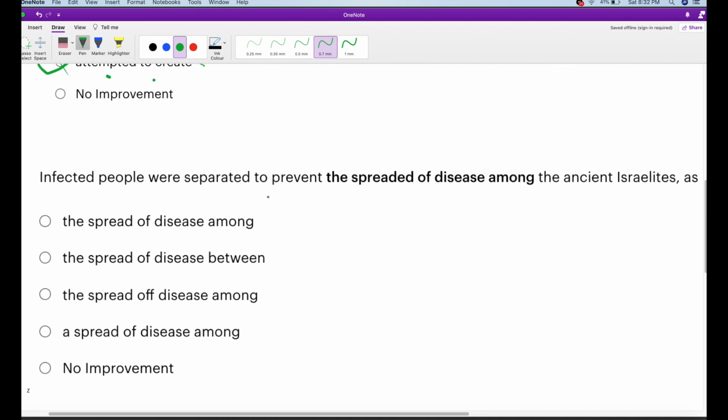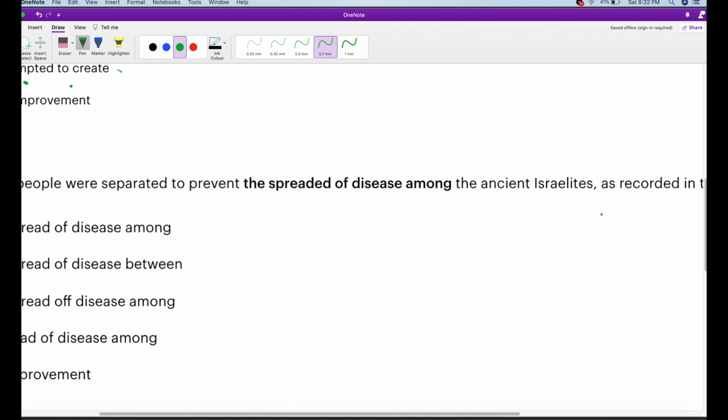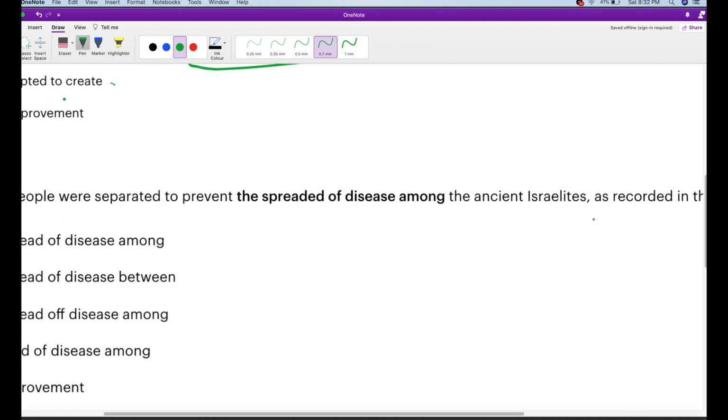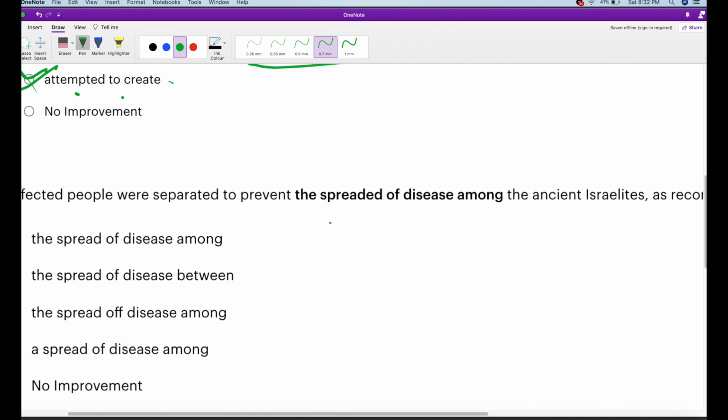Infected people were separated to prevent the spread of disease among the ancient Israelites as recorded in the Old Testament. Now in this part, what did I tell you in the first question? After "the", you need a noun, right?